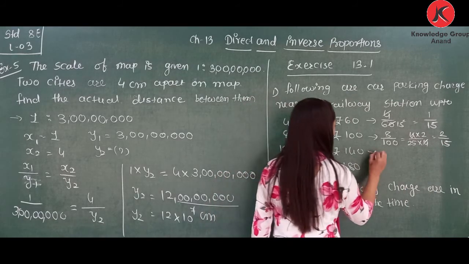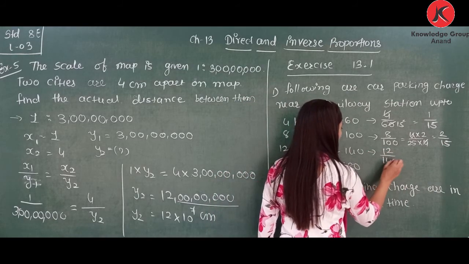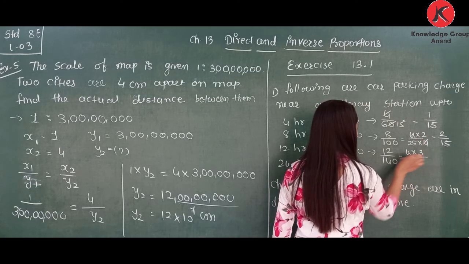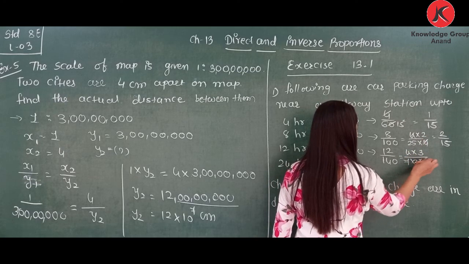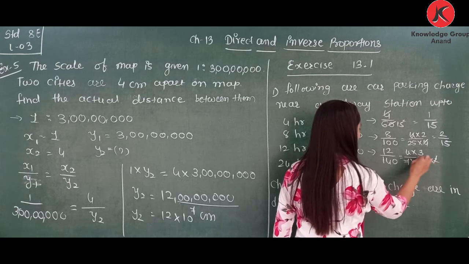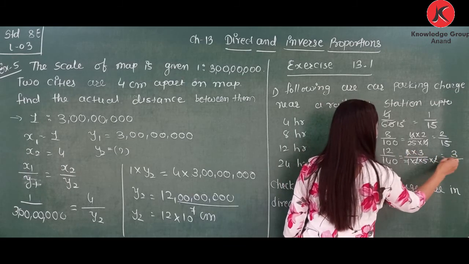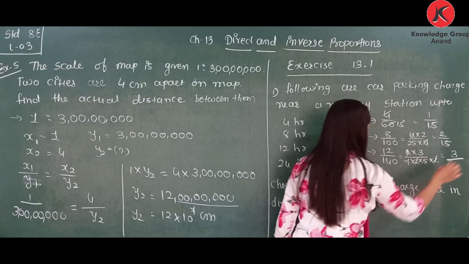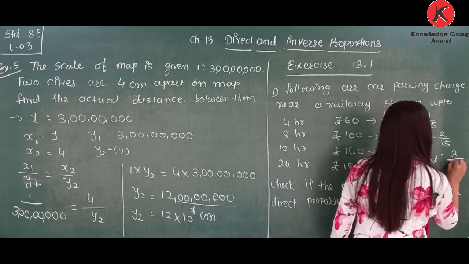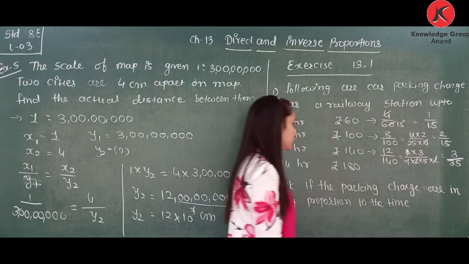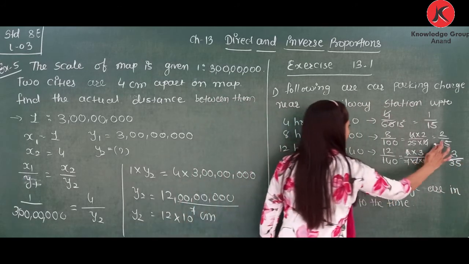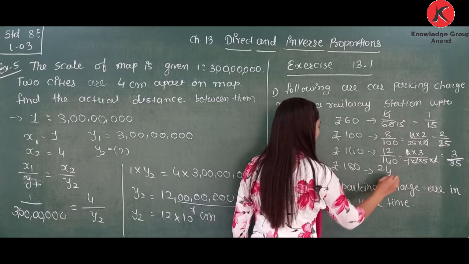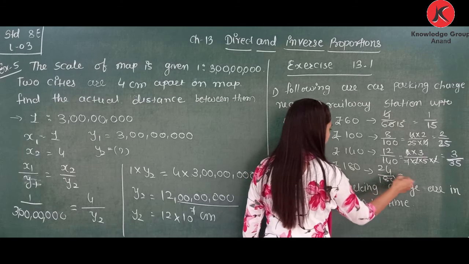For the third one, 12 by 140, so find factors. So it is 3 by 35. For the next one, it is 20 by 180. So find factors.